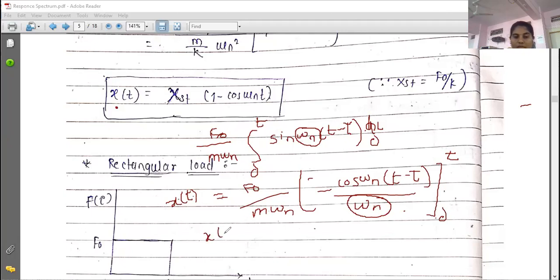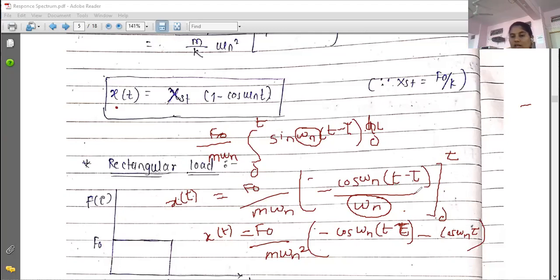So x of t will be equal to f naught upon m omega n square into bracket minus of cos of omega n into t minus tau, minus the cos of omega n into tau. At the upper limit, tau is equal to t, so that parameter will become 0.